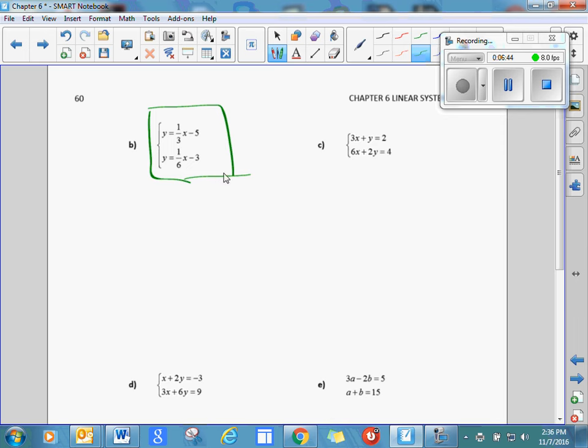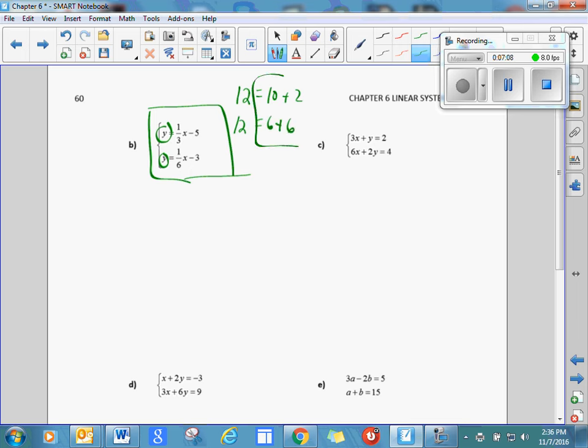So first thing I want you to notice is that this is y equals and this is y equals. So that means that these two are really equal to each other, because if I did this numerically, I could say 12 is equal to 10 plus 2, and I could also say 12 is equal to 6 plus 6.